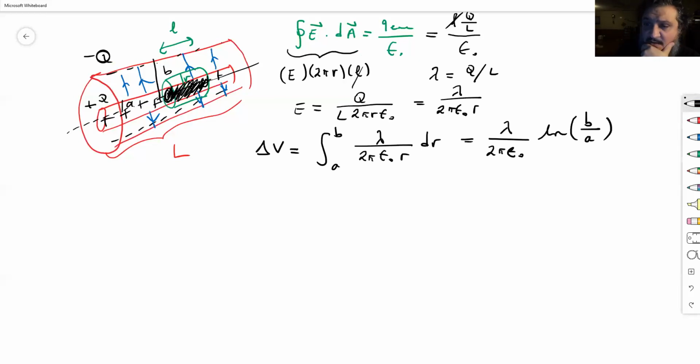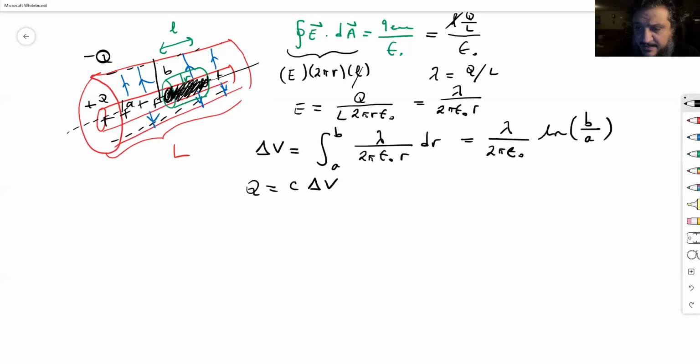So remember, the charge is equal to capacitance times delta V. So I'm going to find the capacitance of this cylindrical capacitor, which is L meters long. All right, the length is L.